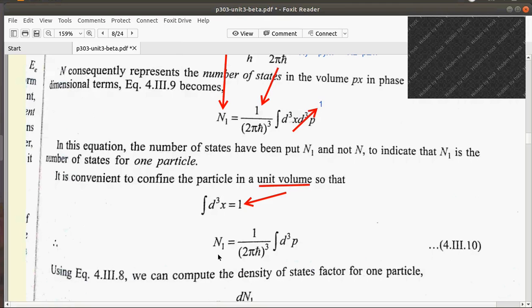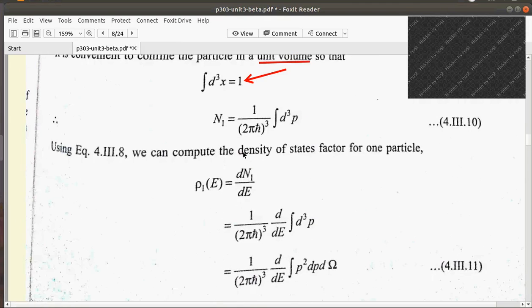So your expression becomes n1 is equal to 1 by 2 pi h cut whole cube integral of d cube p. Now your integration is with respect to momentum only. So if you want to compute the density of states for one particle, the formula is rho 1 of E, because here 1 is used to indicate that it is only for one particle.